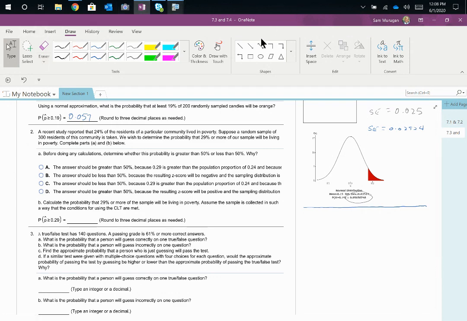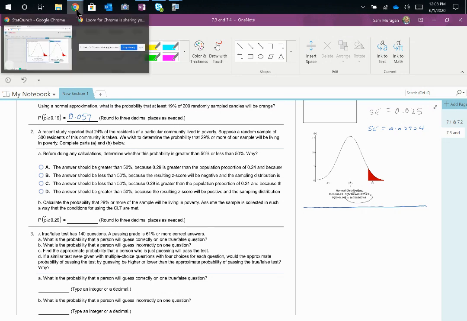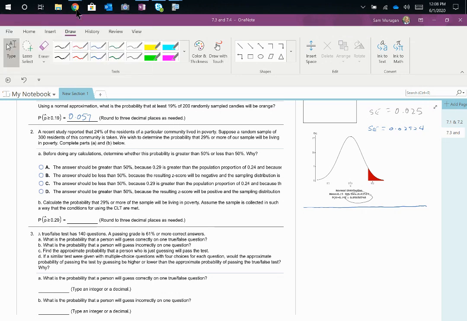A recent study reported that 24% of residents of a particular community lived in poverty. Suppose a random sample of 300 residents are in this community.